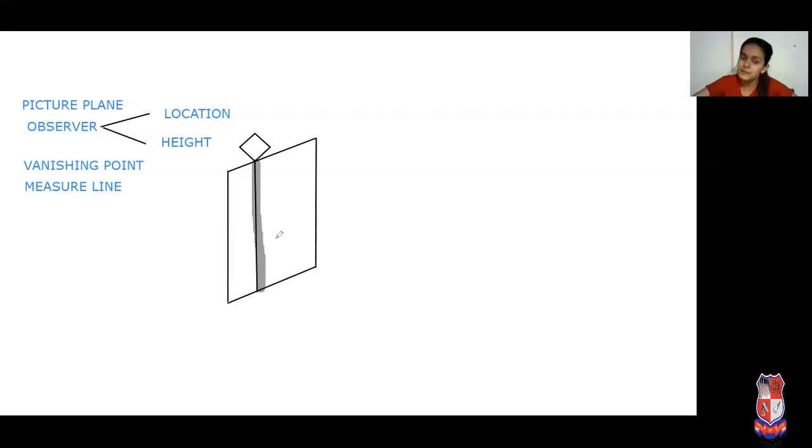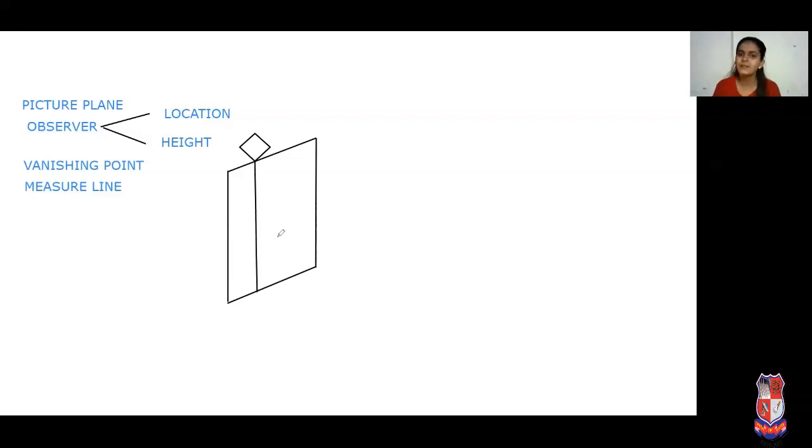We know the perspective view is like a 3D view, where all the dimensions may change. It is continuously increasing or continuously decreasing, right? So the measure line is the only line in perspective view which shows the actual dimensions of the object. So it is very helpful to draw the perspective view.